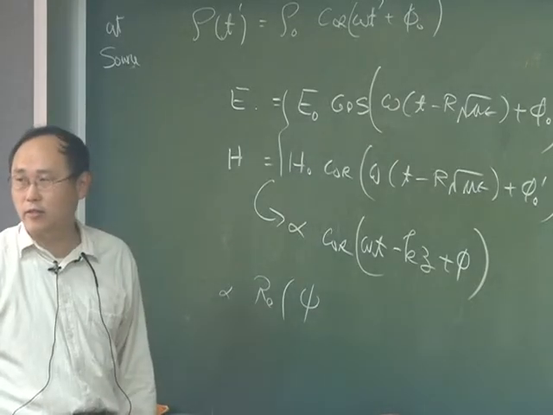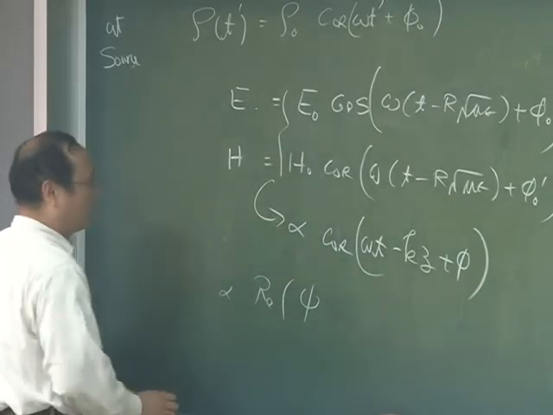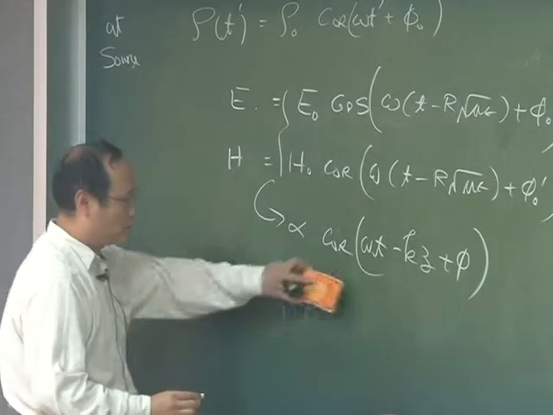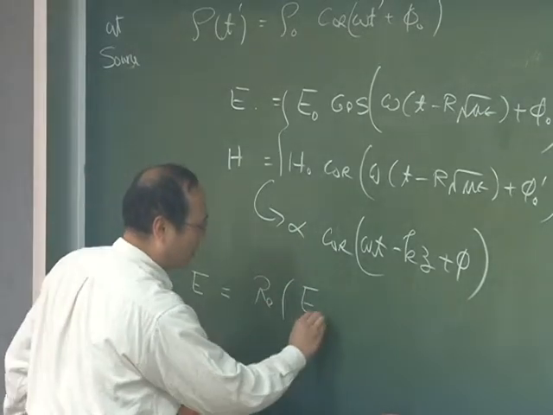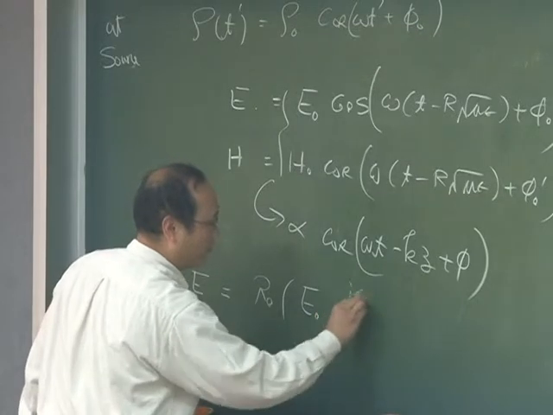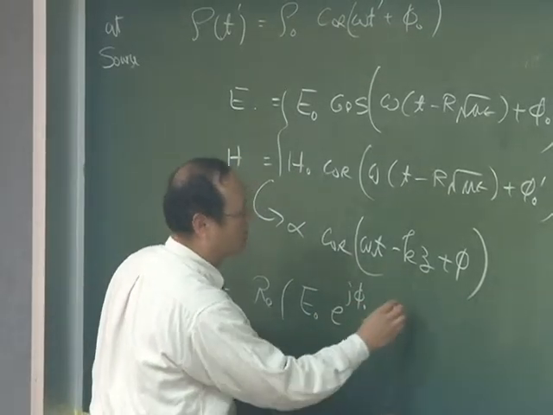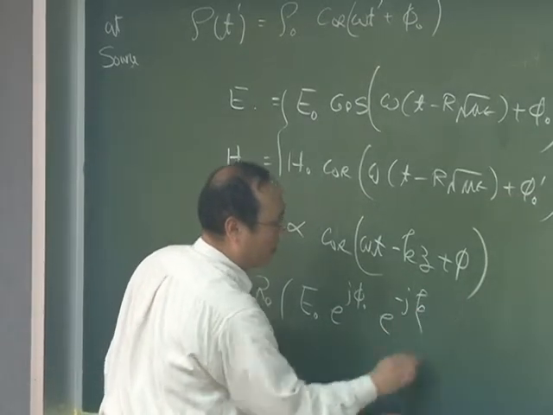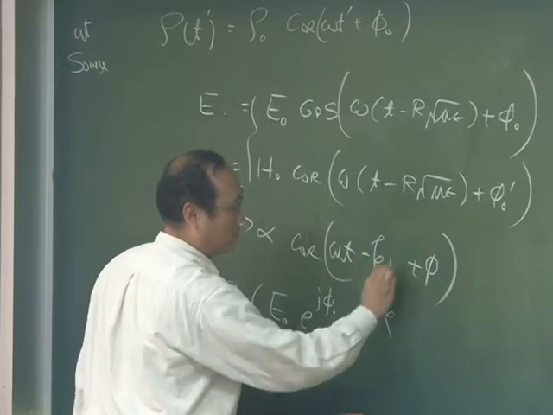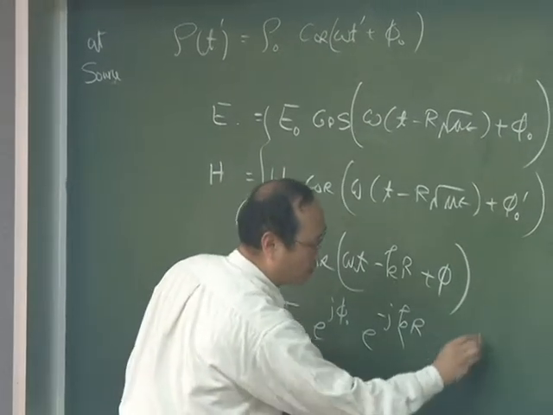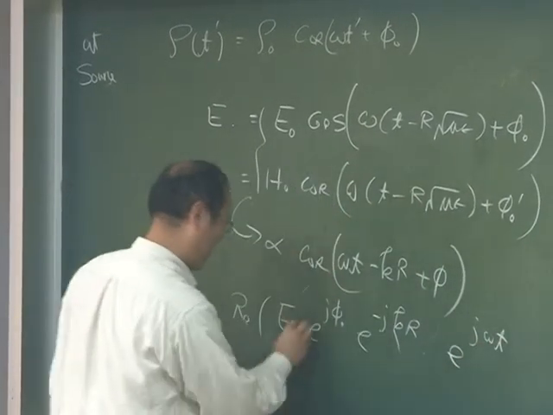Say, let me just pick the electric field as an example. E naught exponential j phi naught and exponential minus jkr, sorry, this is r in this expression, multiplied by exponential j omega t.